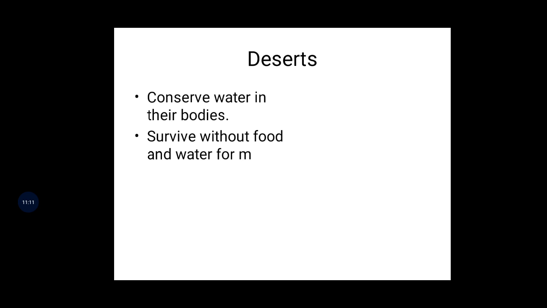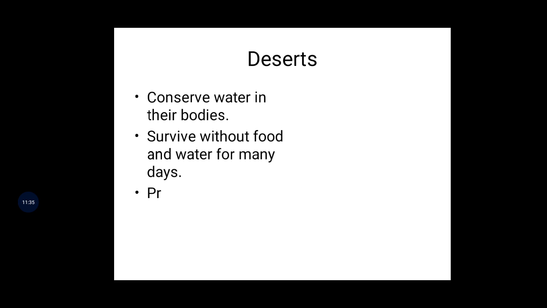So they survive without food and water for many days, not for one day.